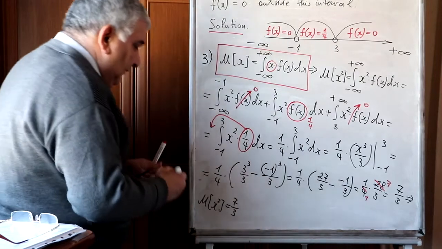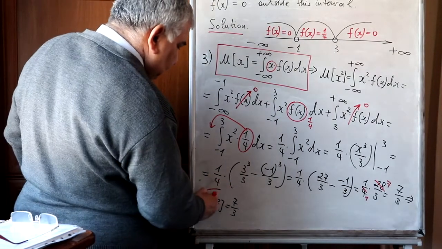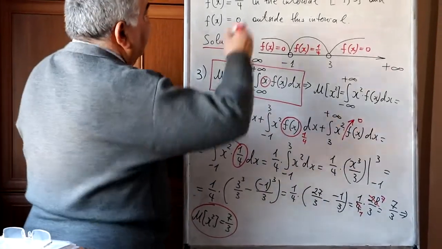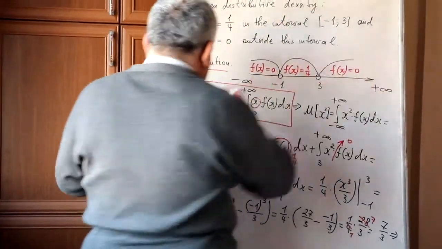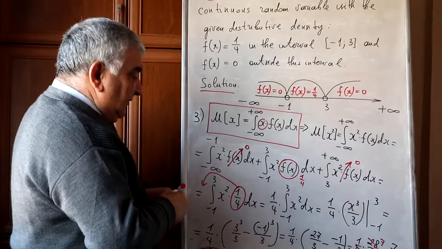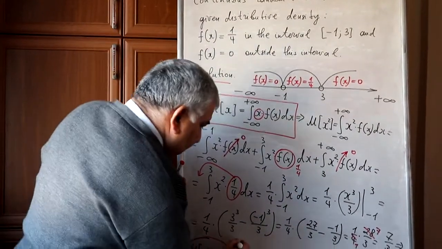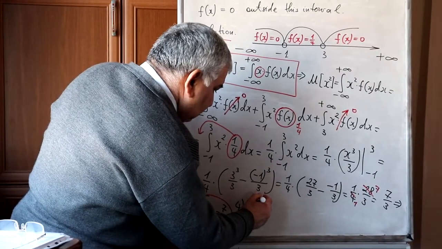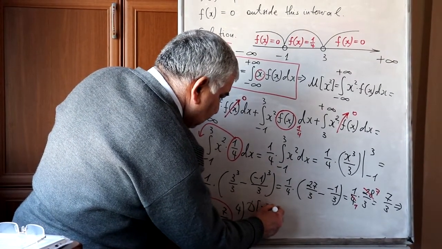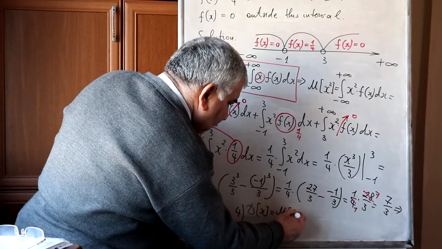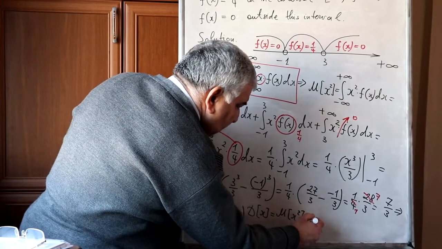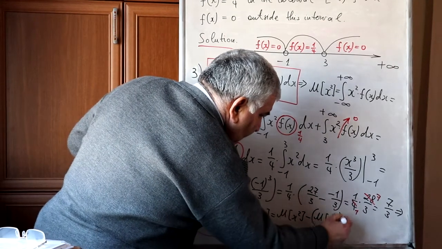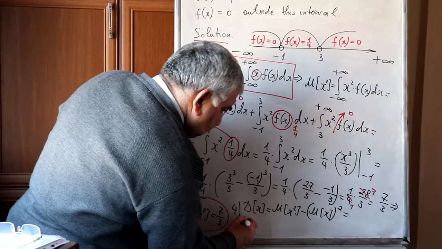And finally, find the value of the variance. We can find the variance. It is the last step, fourth step. Dx equals Mx squared minus the square of Mx equals.